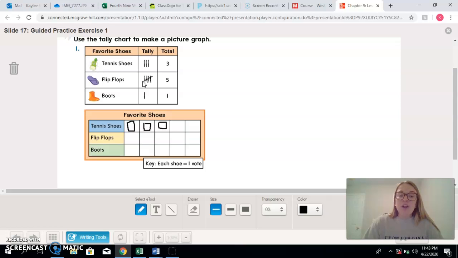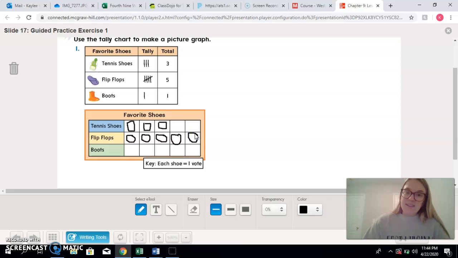So we need to make sure we have 5 flip-flops in our picture graph. My flip-flops are just going to be circles. So I'm going to have 1 flip-flop, 2 flip-flops, 3 flip-flops, 4 flip-flops, and 5 flip-flops.